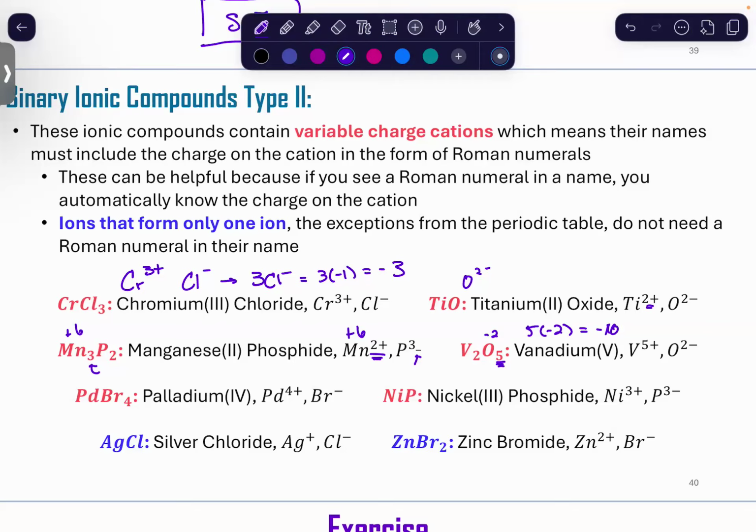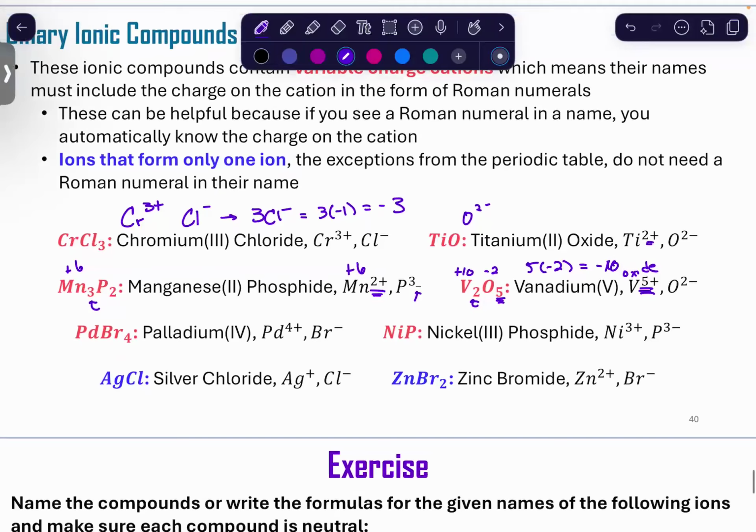So whatever vanadium is, 2 of them has to be a +10. So that means that if two vanadiums equals a +10, vanadium has to be a +5. And so this is the vanadium 5 cation. So vanadium 5 oxide. And I forgot to write the oxide. Vanadium 5 oxide.